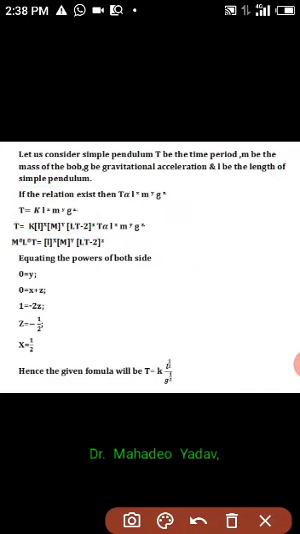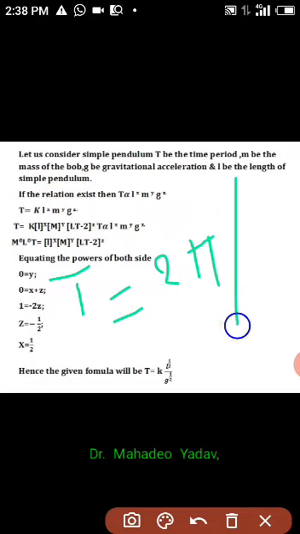If we go deeper, we shall find the value of k also. Practically, its value is 2 pi. The final value will be T equal to 2 pi under root L by g.